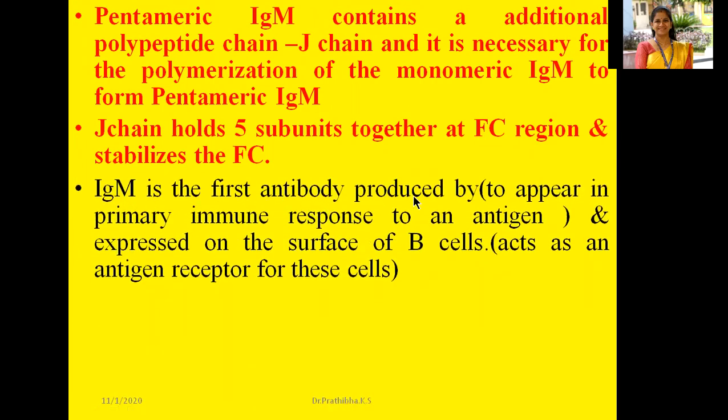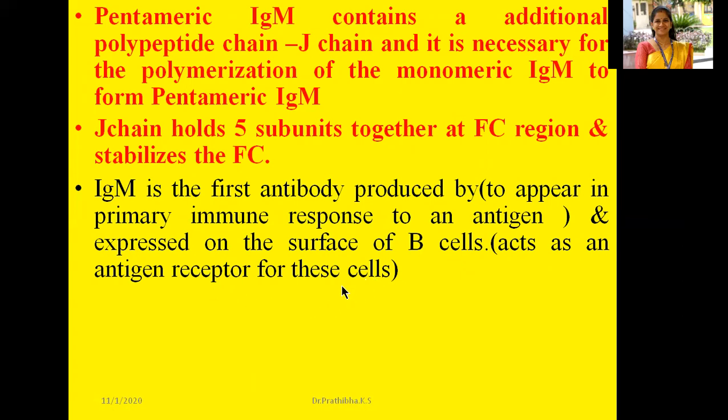IgM is the first antibody, immunoglobulin, which is produced by B lymphocytes. This IgM appears in the primary immune response to an antigen. Whenever an antigen enters inside the body, it is always IgM which is going to fight against the infection, and that is known as the primary immune response. It is expressed on the surface of B cells and acts as an antigen receptor.